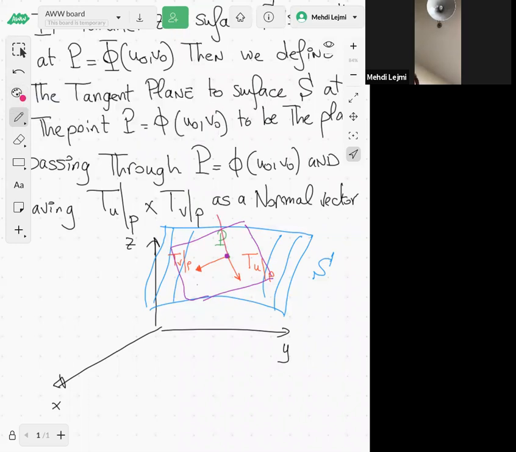So this vector here would be T_u cross T_v. Remember, guys, when you take a cross product, you get a vector which is perpendicular or orthogonal to the initial two vectors. So this T_u cross T_v is perpendicular to T_u, and also perpendicular to T_v.